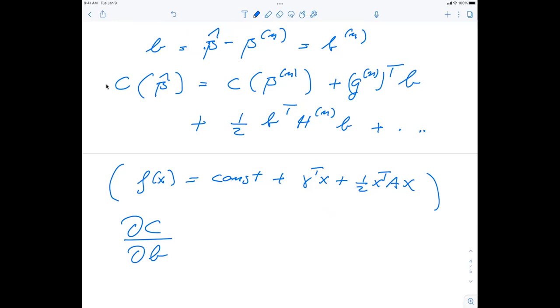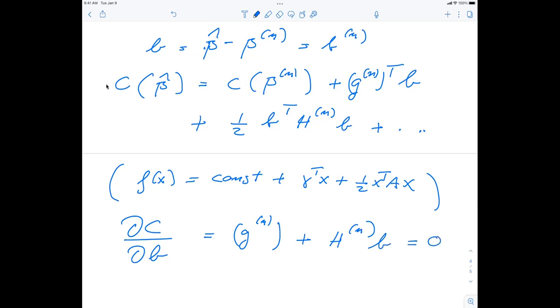And if we do that, what we end up with is the following. And remember now that these are matrices and vectors. So I'm going to get a G of n plus, and then I'm going to get a matrix H of n multiplied with this vector b.